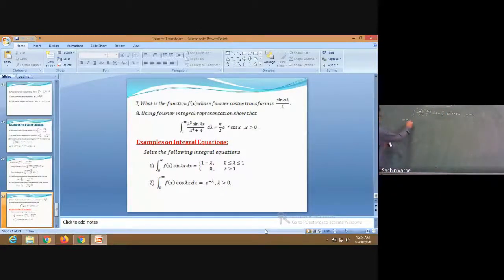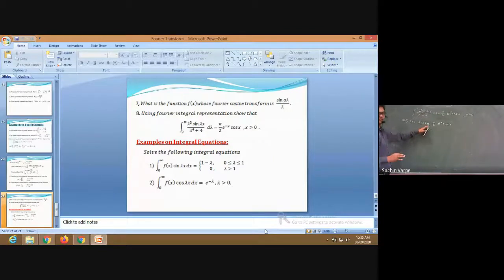So I'm considering the total right hand side as f of x. Let f of x is equal to pi by 2 e to the power minus x cos x.